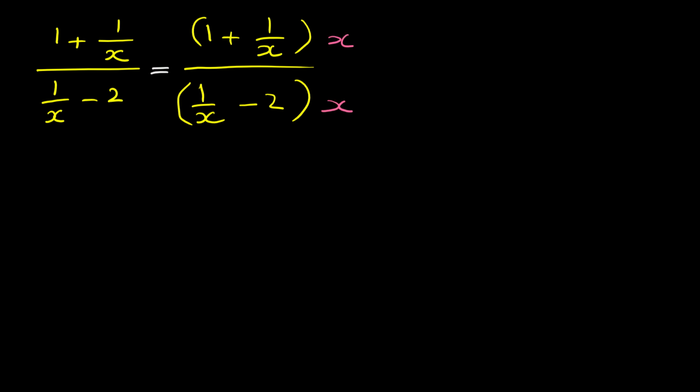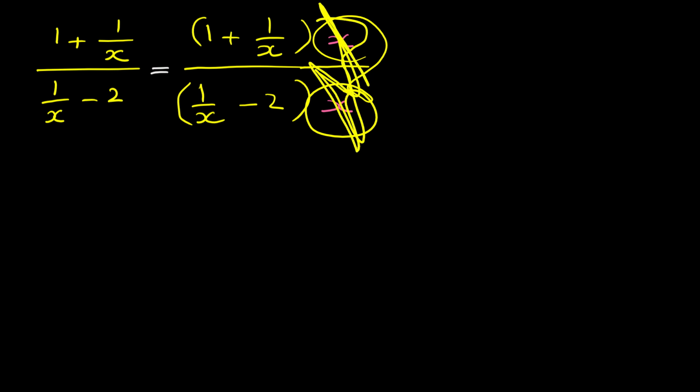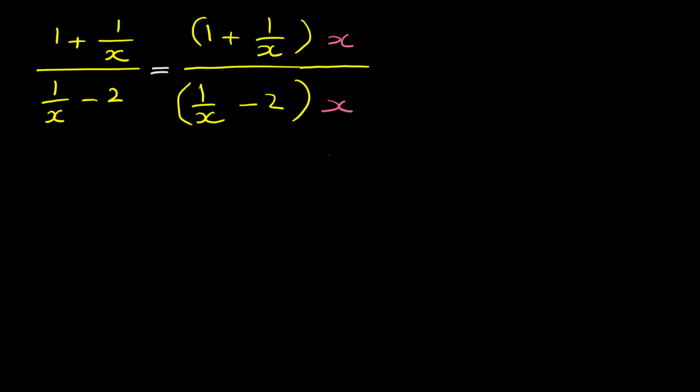This doesn't change the value of the rational expression, because when you multiply the numerator and denominator by the same thing, these two cancel each other, so this is like 1, and multiplying by 1 doesn't change the value of the original expression. So this is completely mathematically right. Why do we multiply by x? Because the denominator is x. We want to eliminate x, so we multiply numerator and denominator by x.